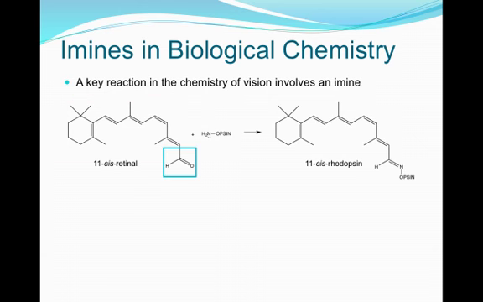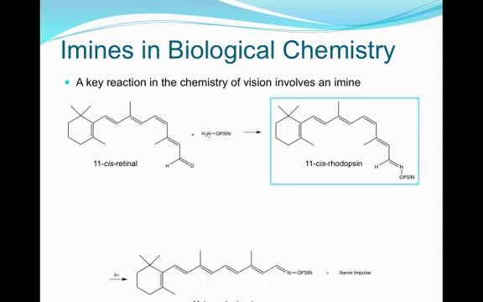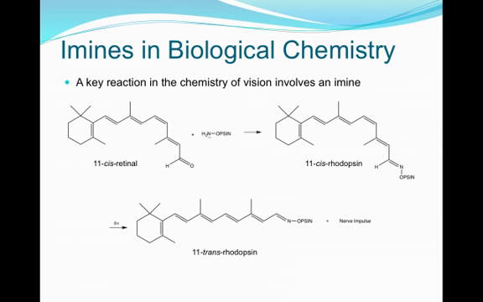Within the eye, the aldehyde of 11-cis-retinal reacts with the primary amine of the high molecular mass protein known as opsin to produce rhodopsin. Upon absorption of a photon of appropriate wavelength, the 11-cis configured alkene is isomerized to the 11-trans configured alkene. Along with this reconfiguration, a nerve impulse is sent to the brain. The nerve impulse is processed as a visual image.